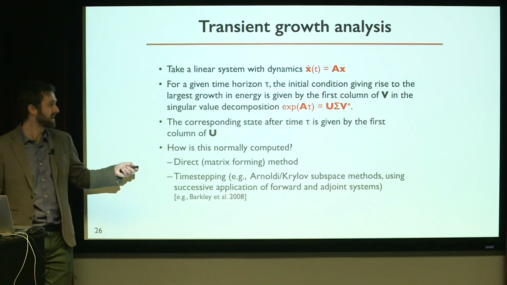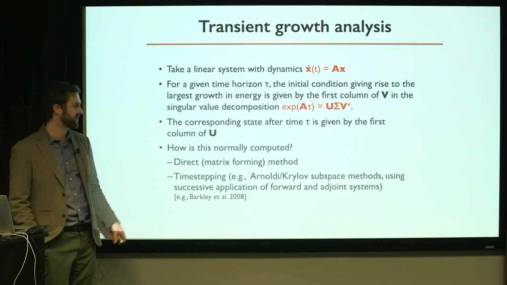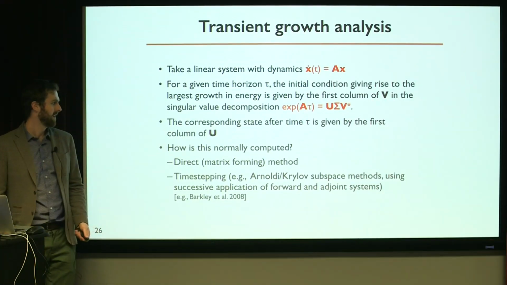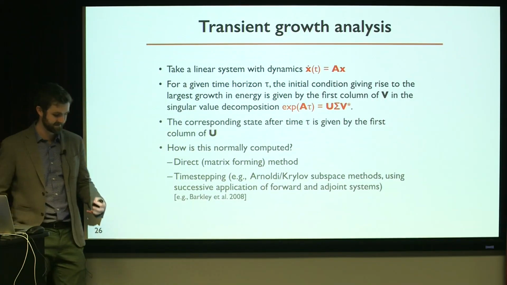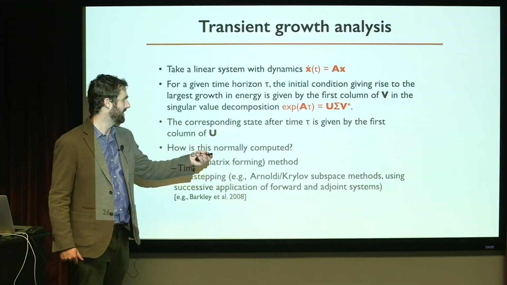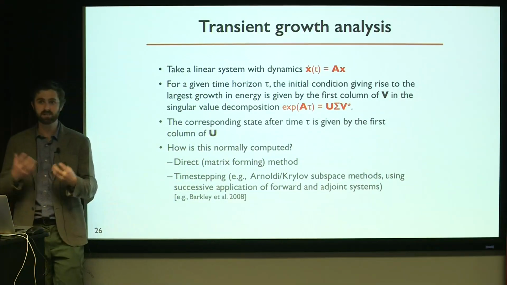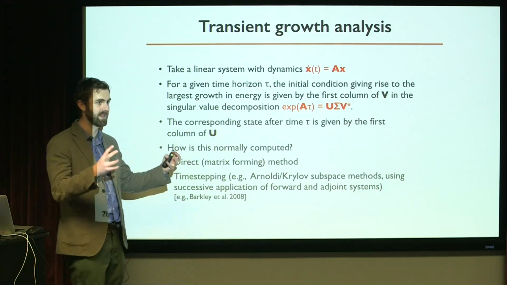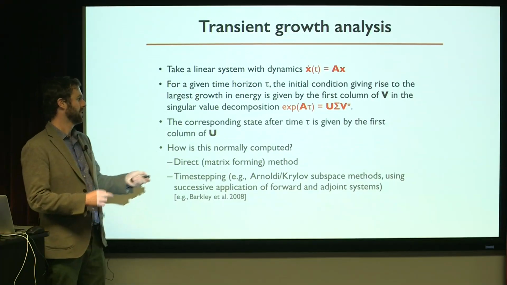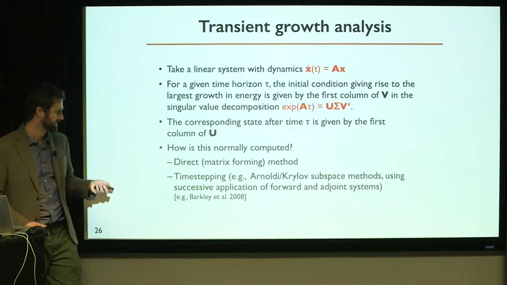So it's very easy to formulate this problem. Computing it, however, can be tricky for a number of reasons. Often, if we're looking at a complex fluid flow, which we've discretized, this A matrix can be prohibitively large. It can be so large that we never actually formulate it. So we can only really look at certain pieces of it at a time.